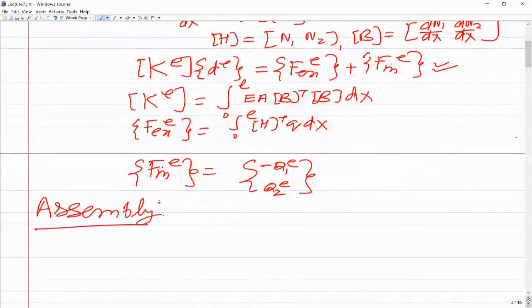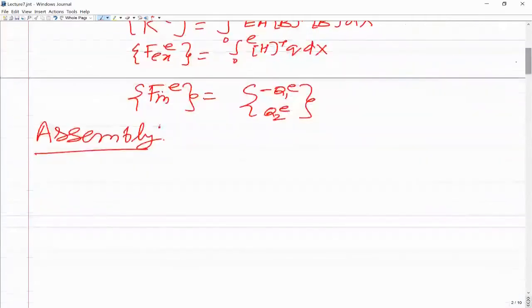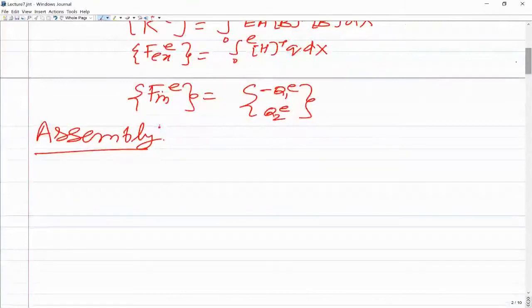Assembly means we are discretizing a given problem into a number of elements, and then we are assembling all the equations together. So in the assembly, essentially we are doing two things.